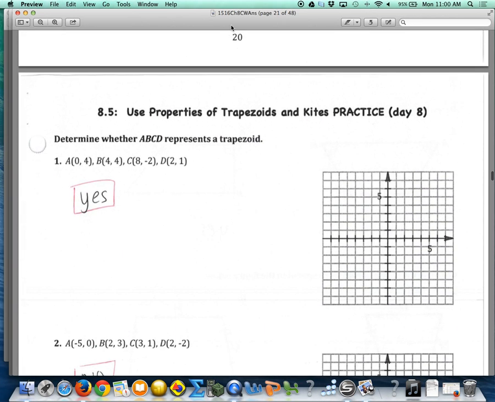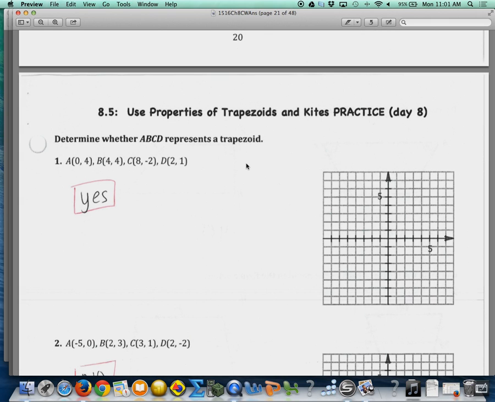So this should begin on page 21. Okay, so page 21, problem 1, it says determine whether ABCD represents a trapezoid. How are you going to start? Graph it? Yeah.